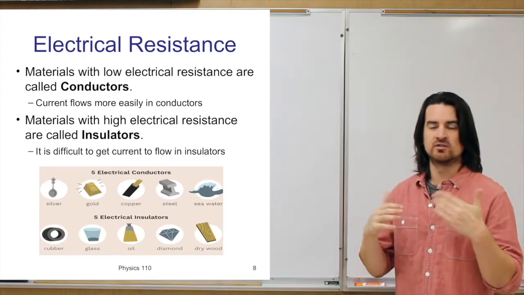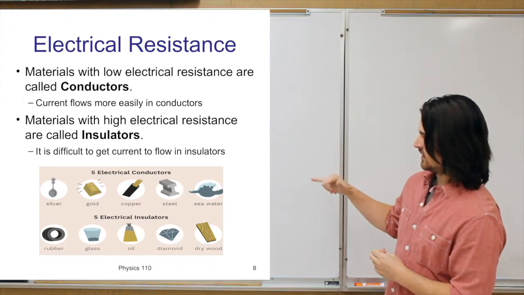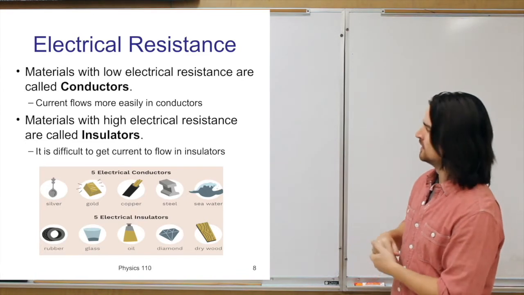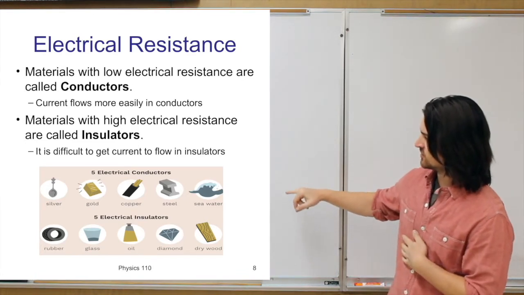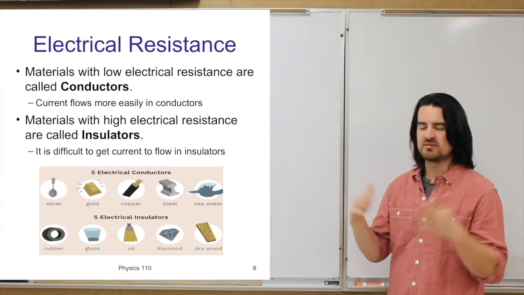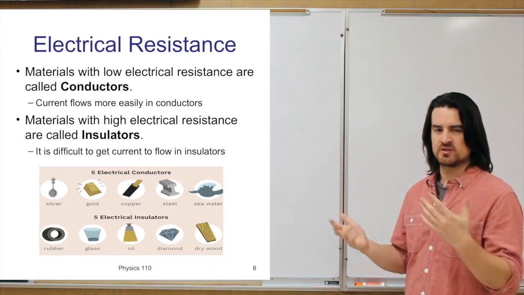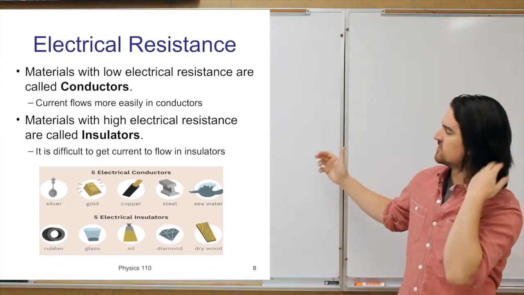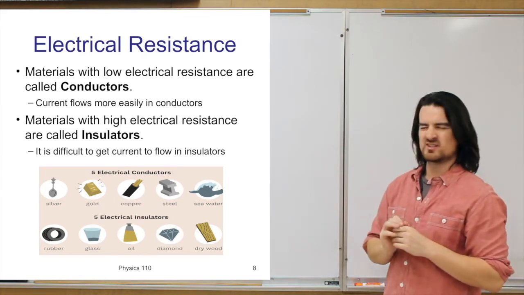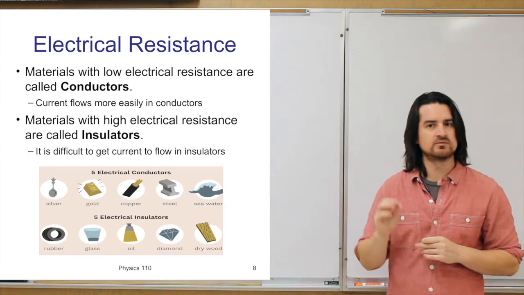We're talking about electrical conductors now, as opposed to thermal conductors that we talked about in the last section. Some different examples of electrical conductors are silver, gold, copper, a lot of metals. Basically any metal is going to be a good electrical conductor. Some are better than others, but they're all pretty good conductors. It turns out seawater is a good conductor, even though water itself is not a good conductor. And we'll see an example of that shortly.